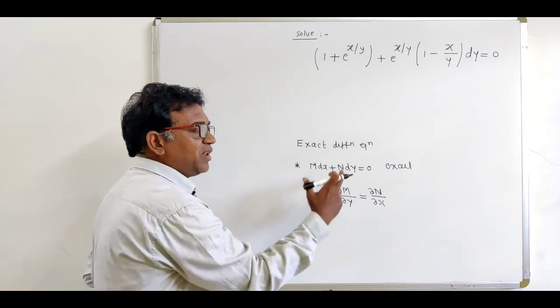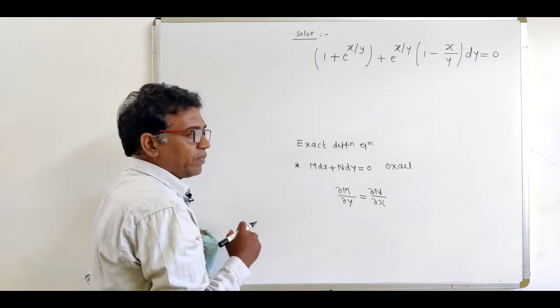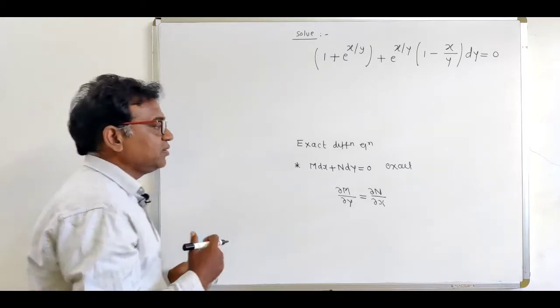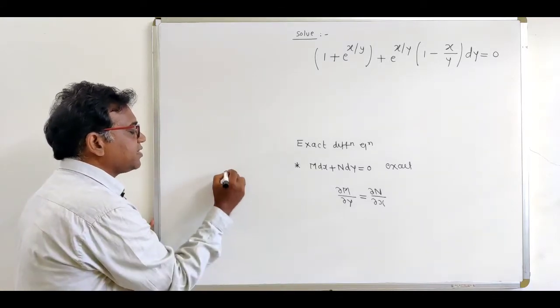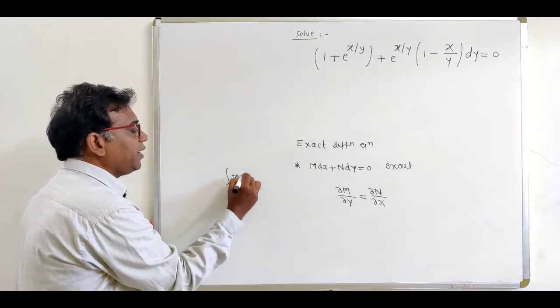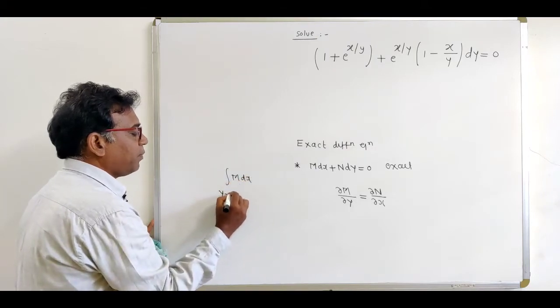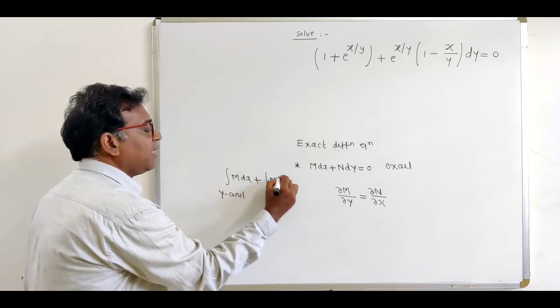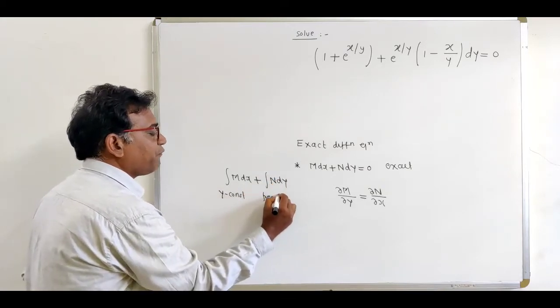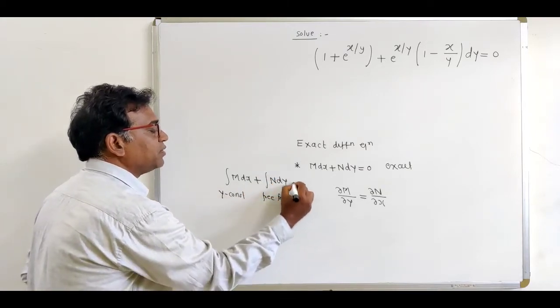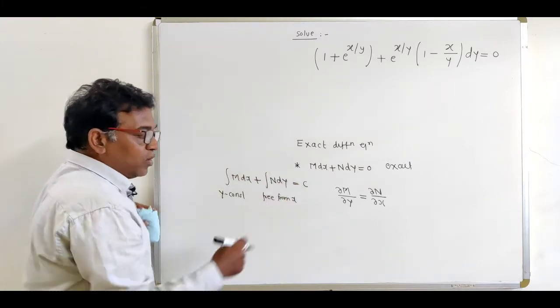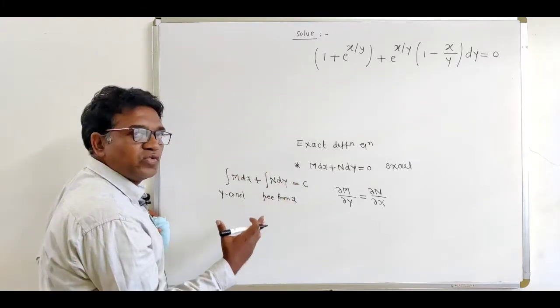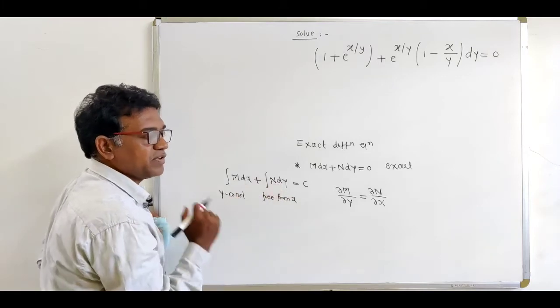And if the differential equation is exact, then how to find out the solution? Its solution is given by the formula: integral M dx by keeping y constant plus integral N dy which are free from x, equal to c. So this is the formula for finding the solution of exact differential equation.